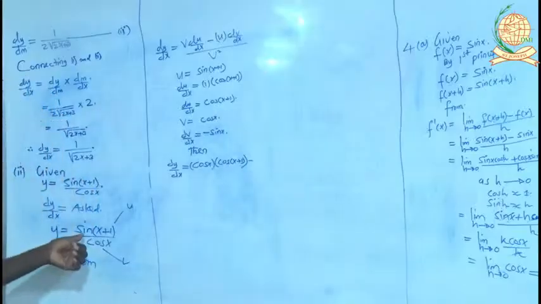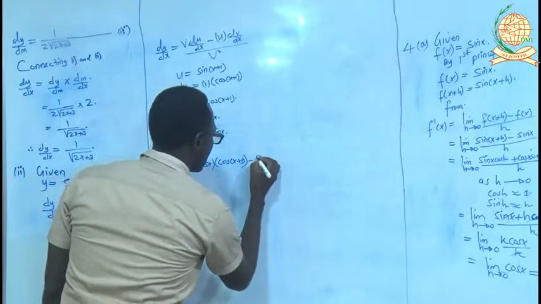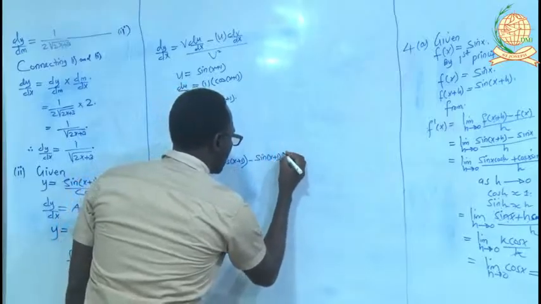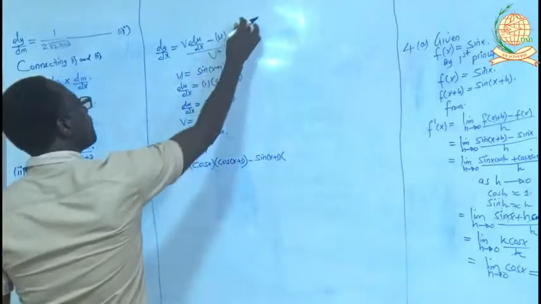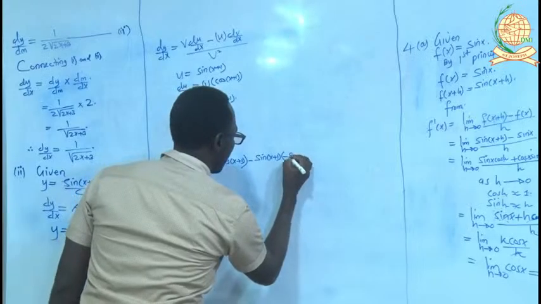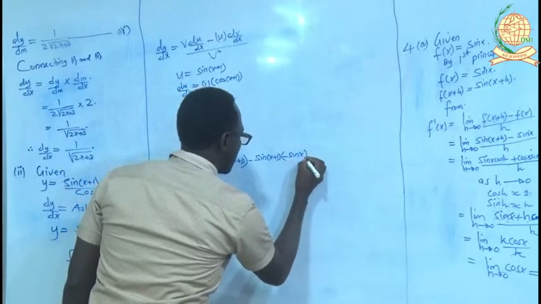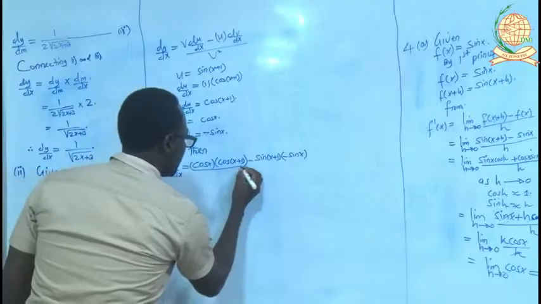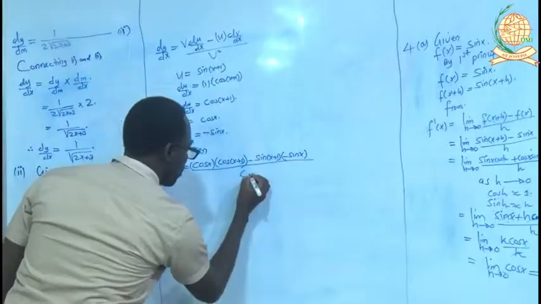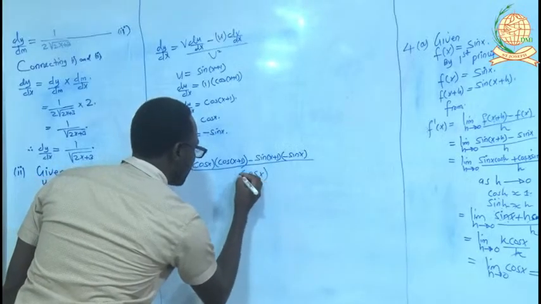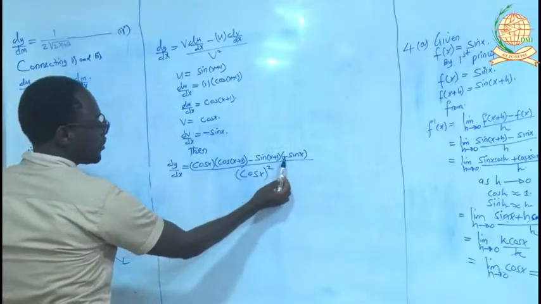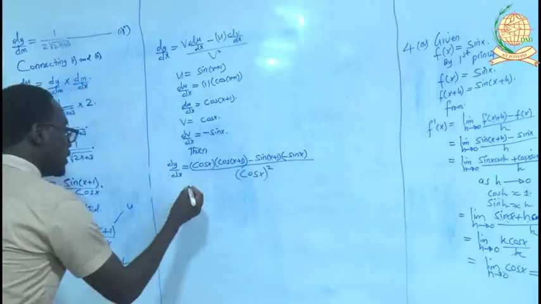U is the numerator sine x plus 1, times dv dx. dv dx is negative sine x. Then all of this divided by v squared. V is cos x, so we divide by cos of x squared. Okay, this negative and this negative becomes positive, we cancel.